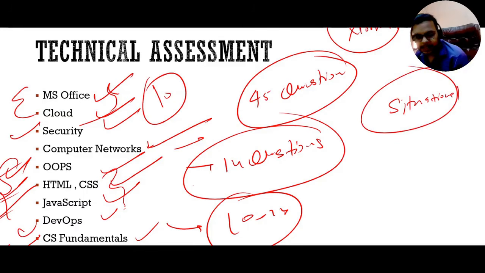To get an actual idea of the technical assessment, frankly telling you, if you do not see the technical assessment questions like PYQs, it will be very, very difficult to clear it. Many candidates go into the technical assessment with the basic idea that they will get normal concept questions, maybe some CS fundamentals questions. But the technical assessment questions will be tricky.